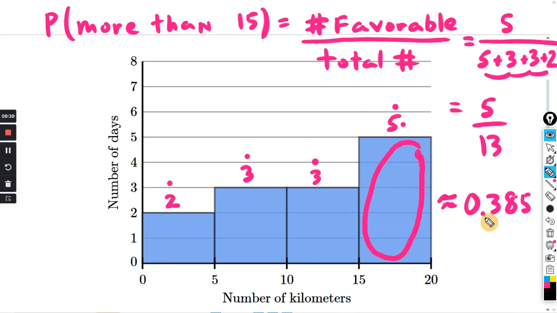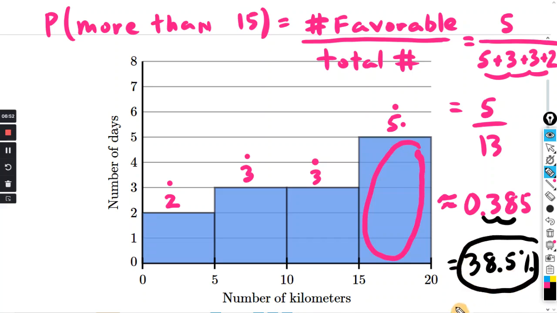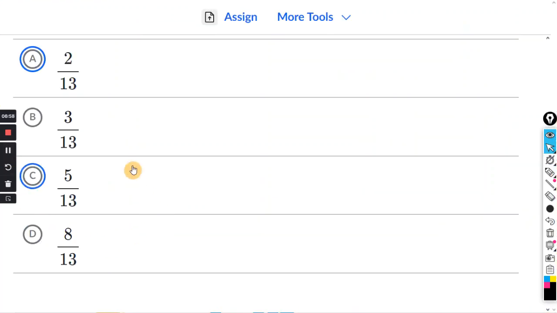Then converting decimal to percentage, you move the decimal over 2 places, and that is just 38.5%. Let's look for the closest answer. Actually, we didn't have to convert to percentage. It was just 5 over 13.